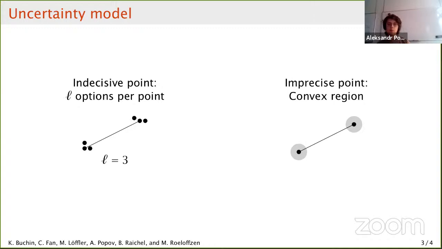And we distinguish between two models, the discrete one, which is on the left, and the continuous one, which is on the right. In each of those, the true location on the left is one of the L options. The true location on the right is somewhere inside this region.